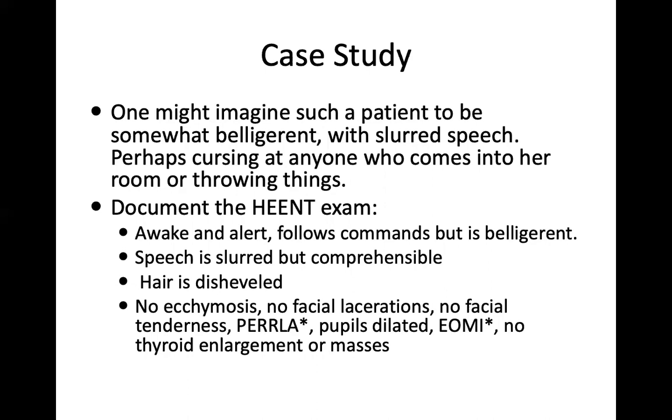Extraocular movements are 3, 4, and 6, because those are the conjugate and disconjugate gaze, right? 3 goes up and down, 4 goes medially, and 6 goes laterally. So 3 is oculomotor, 4 is trochlear, and 6 is abducens, right? So you want to make sure she can follow commands.